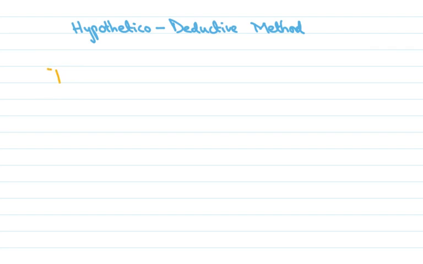Because when you're using the hypothetical deductive method, you have, let's suppose, a particular theory, and from that theory you derive a hypothesis. And then you design an experiment, or you conduct research, in order to test this hypothesis.